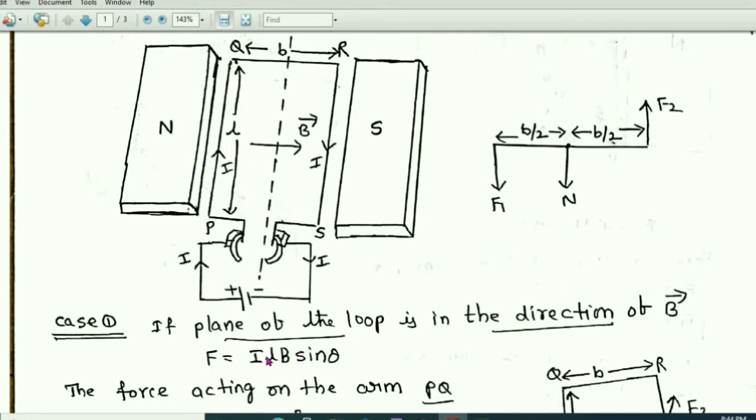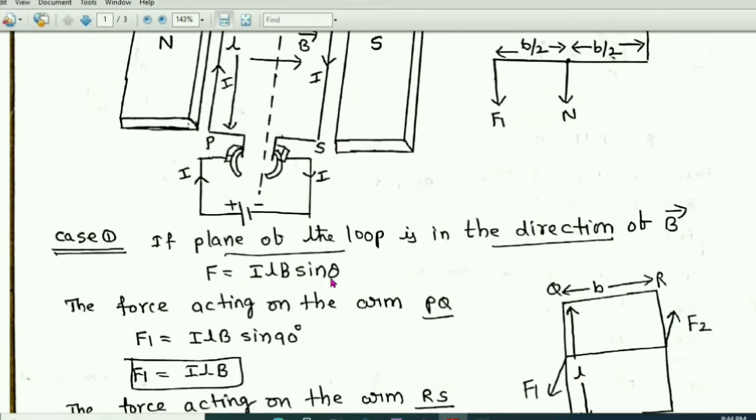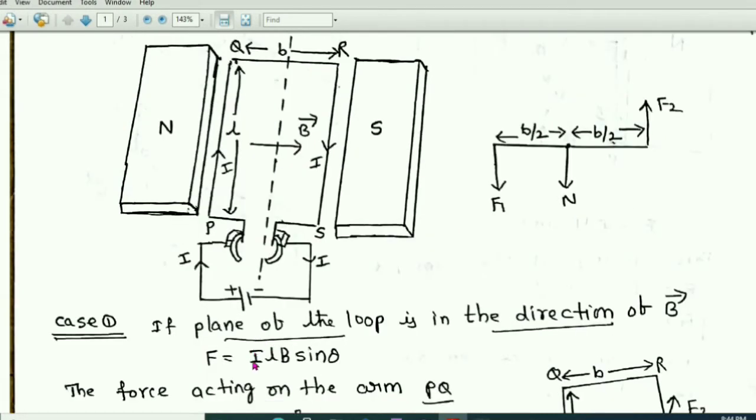We know that the force experienced by a current carrying conductor placed in a uniform magnetic field is F equals ILB sin theta, where I is the current passing through the conductor, L is the length of the conductor, B is the magnetic field in which the conductor is placed, and theta is the angle between the length and the magnetic field.